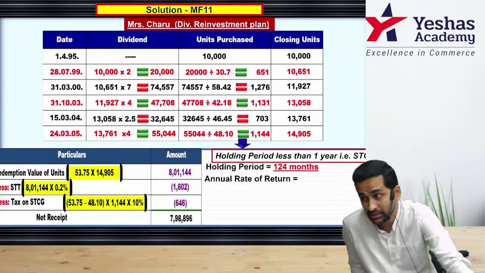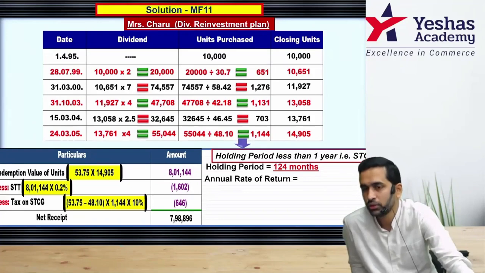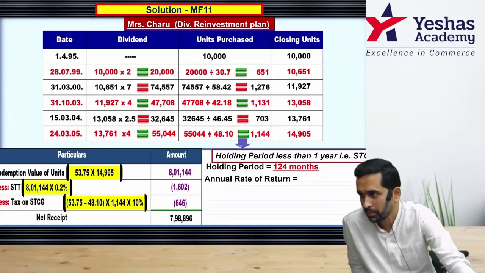1 lakh plus dividend. Should you consider that dividend? But it's supposed to receive dividend, correct? Money never came to you. So should we consider that as cost of acquisition? Hope you're understanding my question.